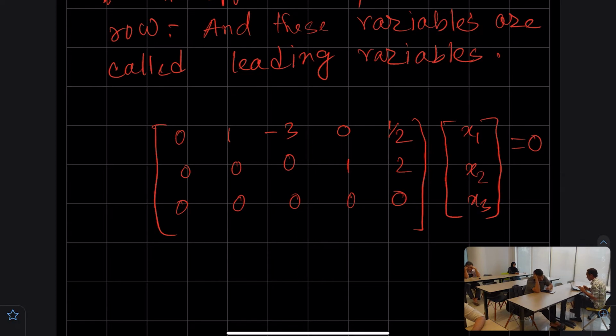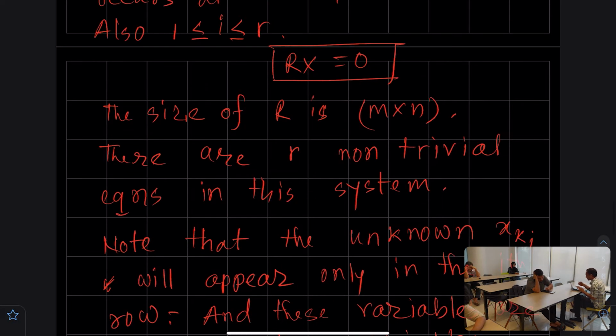This is the type of system that I'm considering in this equation, right?